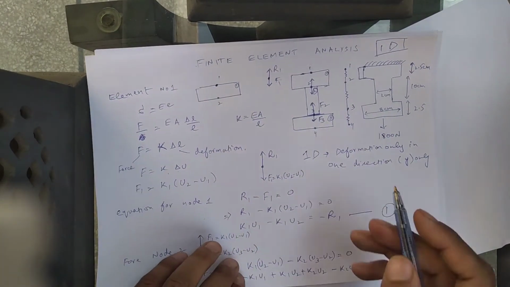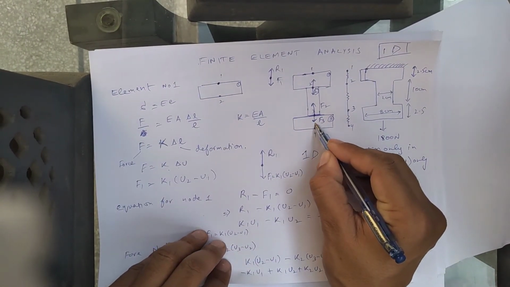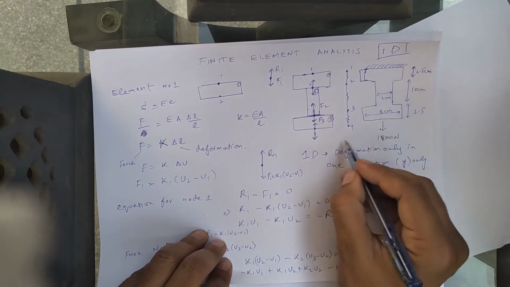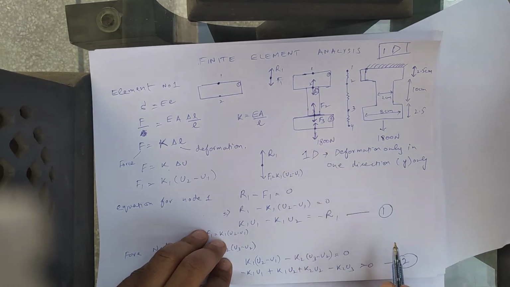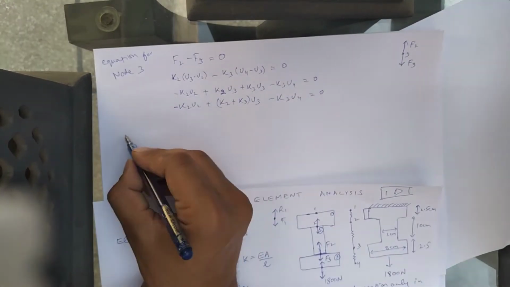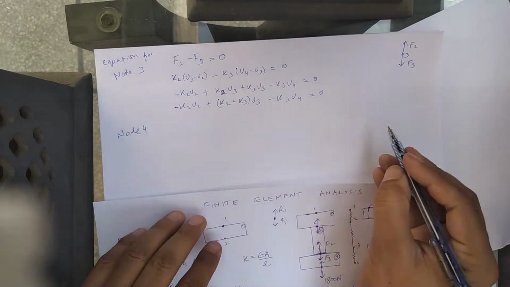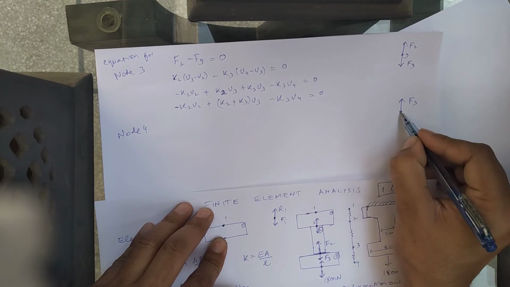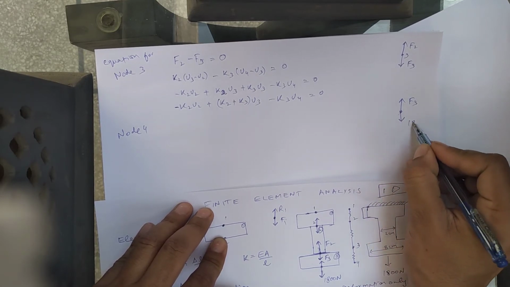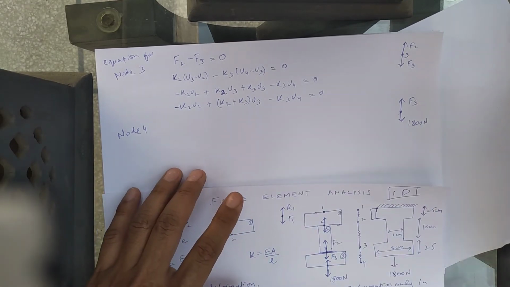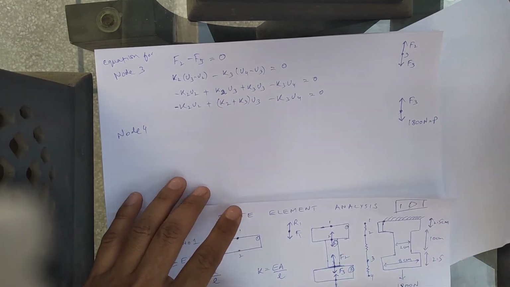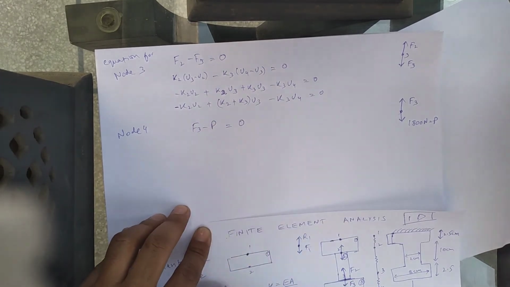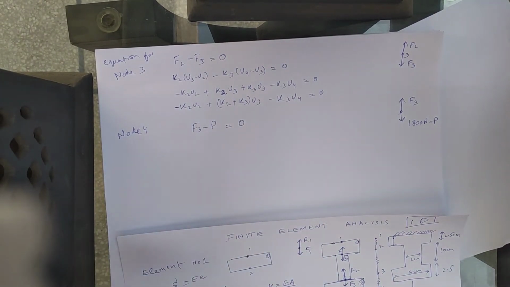Now we have the last node. On this last node, element 3 applies the force upward, and we have a downward action force of 1800 Newton, right? So on node 4, we have this upward force that is applied by element number 3, and this downward force which is 1800 Newton, or we can simply write it P. So that will be F3 minus P is equal to 0, right?